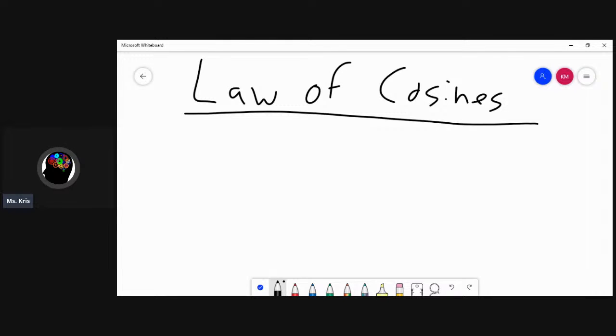Typically, when you have a measure of two sides and an included angle, it cannot be solved by using law of sine.